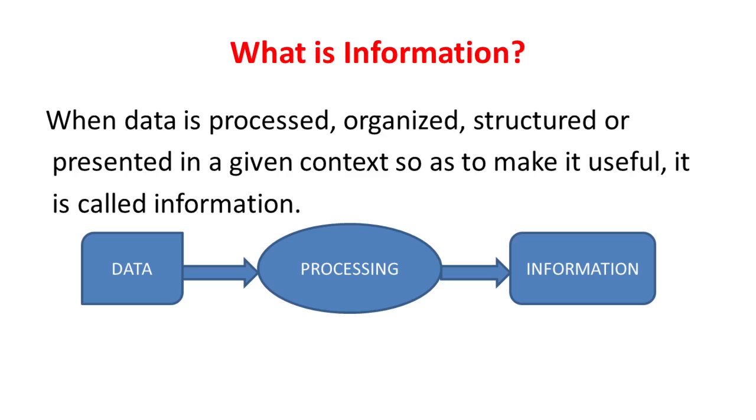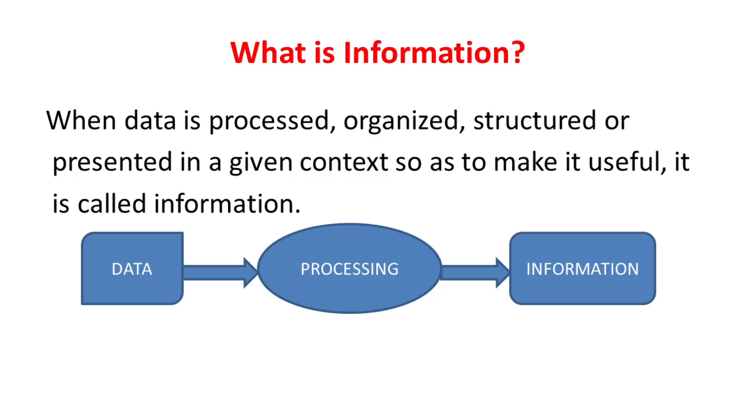For example, if I say my name is XYZ, there XYZ is data, and my name is XYZ, that complete statement is information. One more example, if I say my age is 30, there 30 is data and my age is 30 is information. So by looking at these two, I can tell information contains data, or data is a part of information.